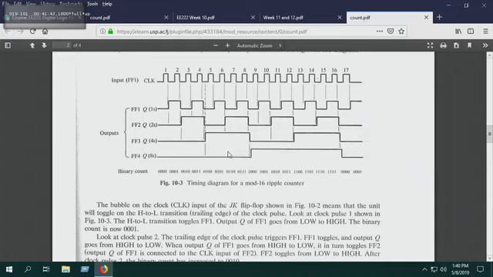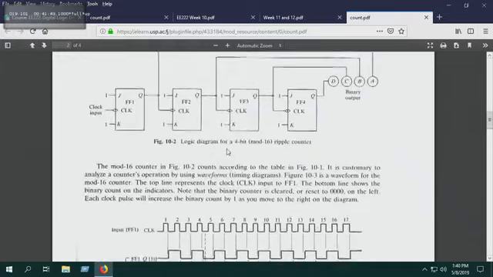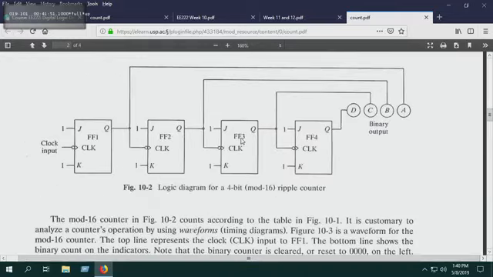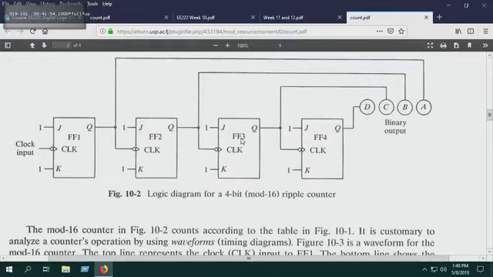That clock pulse is being fed into the flip-flop on the left. If a normal clock pulse is being fed in and these two are 1, what is happening to Q?